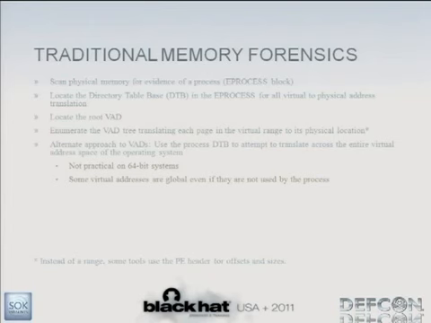From there, you get the directory table base, or DTB, in the EPROCESS, and this helps you translate from virtual to physical addresses. Then you locate the root of the VAD tree and step through the tree, translating the virtual addresses to physical, usually starting with the starting address, taking the size, and grabbing all the data in between.